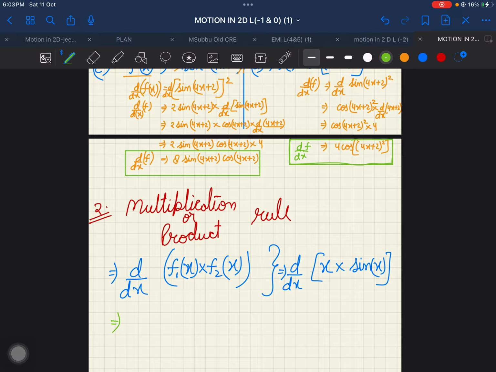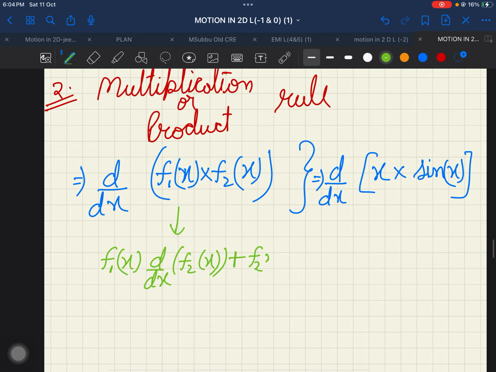The differentiation of the product of two functions is nothing but the first function f1(x) into the differentiation of the second function, d by dx of f2(x), plus the second function as it is, f2(x), into the differentiation of the first function, d by dx of f1(x).